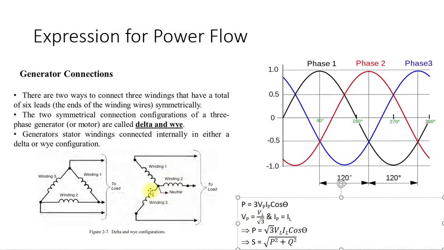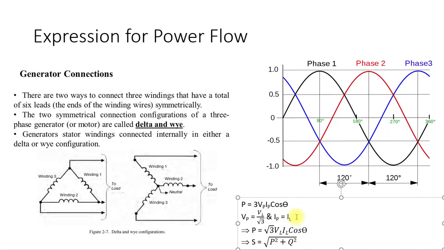If we go for the star delta conversion, then V phase will be equal to V line divided by root 3. So we can convert phase to neutral voltages into phase to phase voltages by dividing the phase to neutral voltages by root 3. And in this case, phase current will be equal to line current.